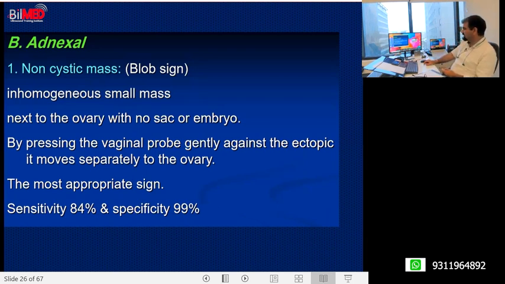When you are pressing gently with the vaginal probe against the ectopic, it moves separately to the ovary. And this is the appropriate sign, and the sensitivity here is approximately 85%, and the specificity is about 100%. So keep this sliding sign in your mind.